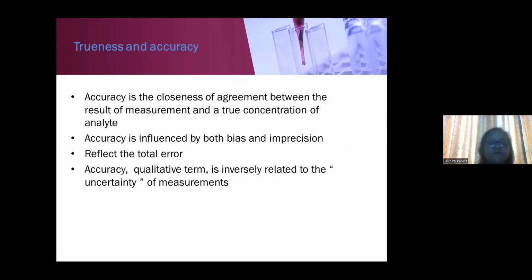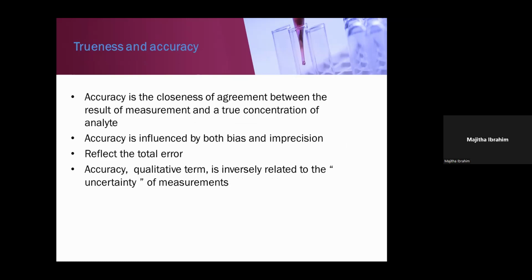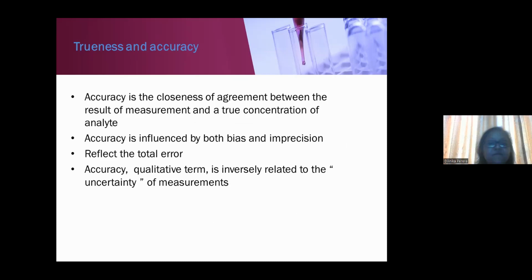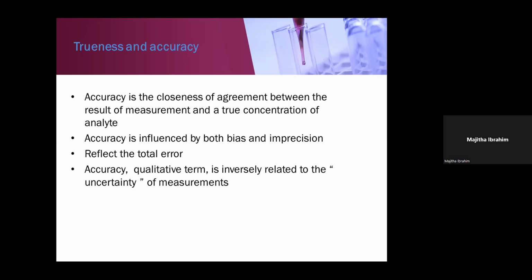Yeah, here. Accuracy is the closeness of agreement between the results of measurement and the true concentration. So it's influenced by the bias and imprecision. I am not sure, can you elaborate a little bit on this?